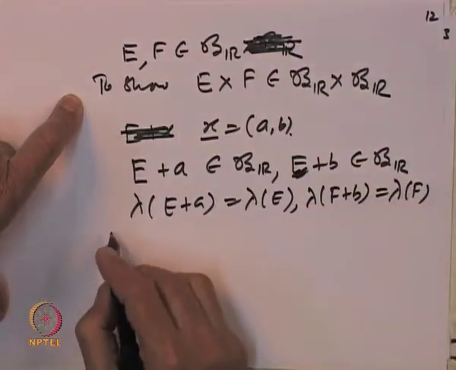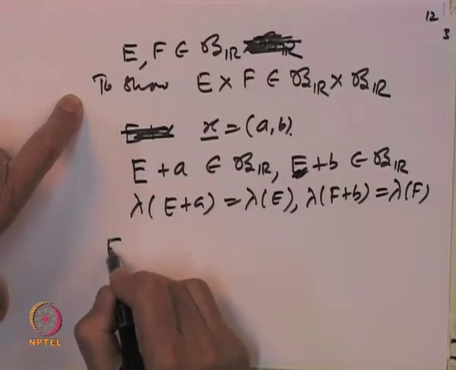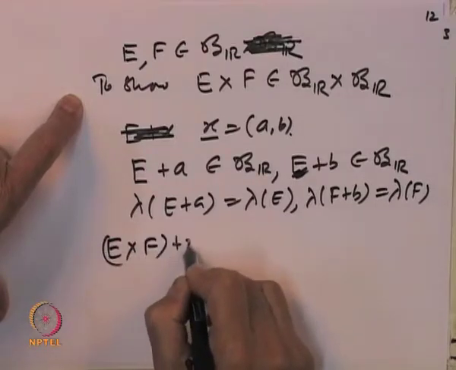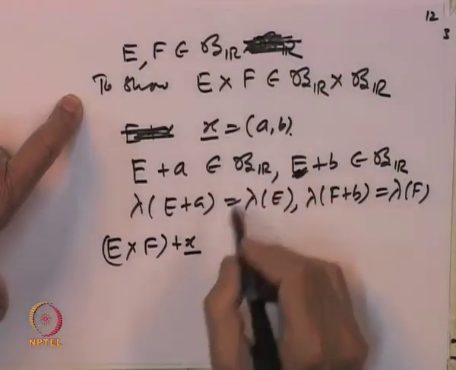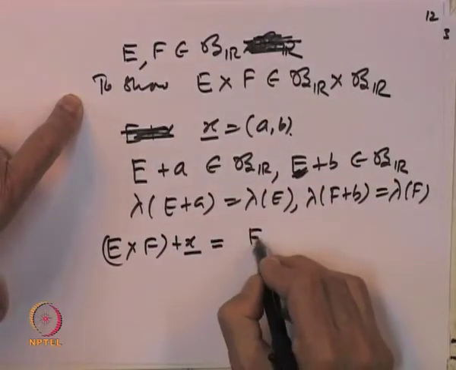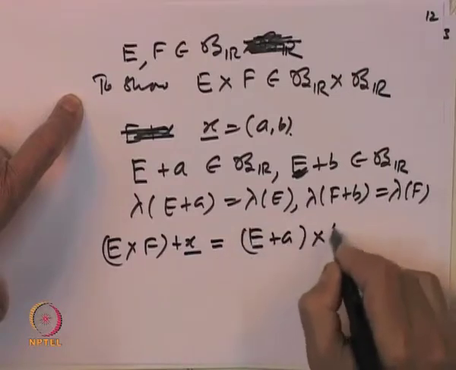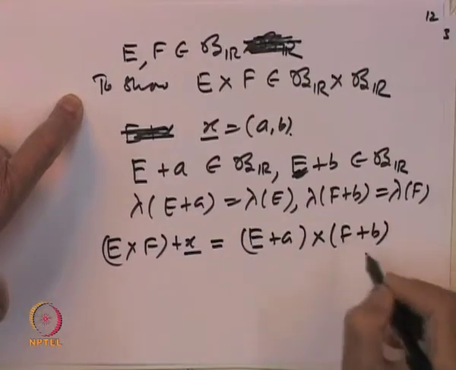Right. So, now look at the set E cross F translated by x, where x is a comma b. That is equal to E plus a cross product with F plus b.